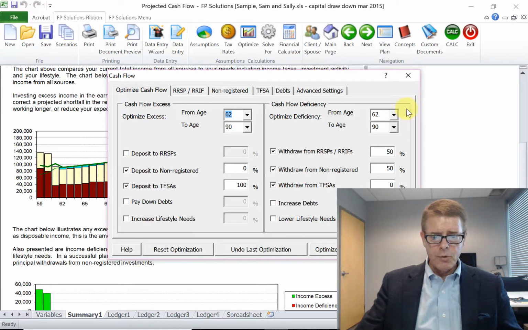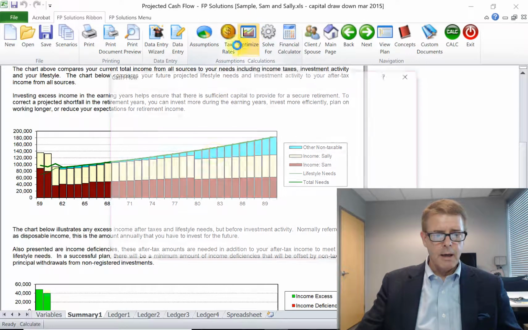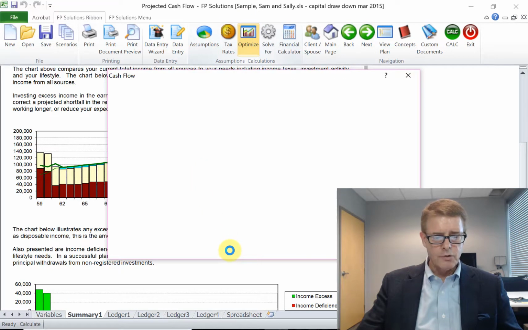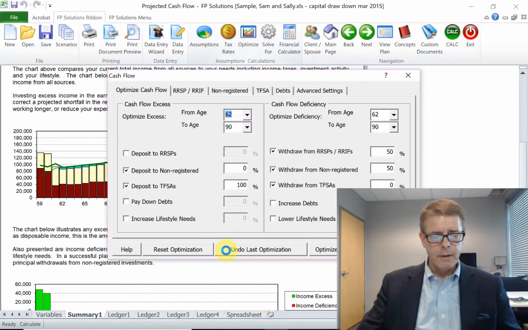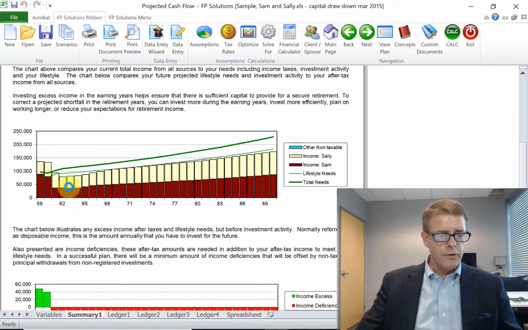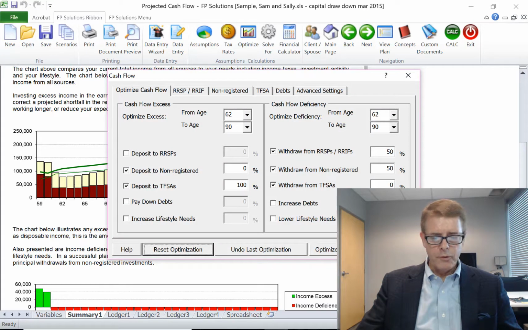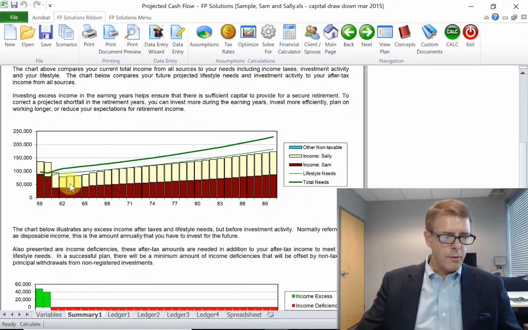Now this optimizer tool is very powerful, and what I want to do is go back and unoptimize this just to show you what the tool does. So we'll hit Reset Optimization, and then what you see here on this reset, and again, let me just get through this particular box. Hopefully it closes out soon. Okay, here we go. It's hard to make it out, but this green line that cuts across here, and you can see there are some minor shortfalls between the bars.